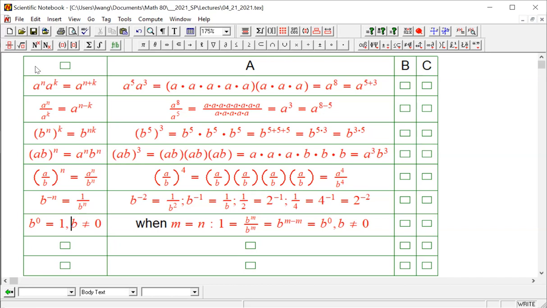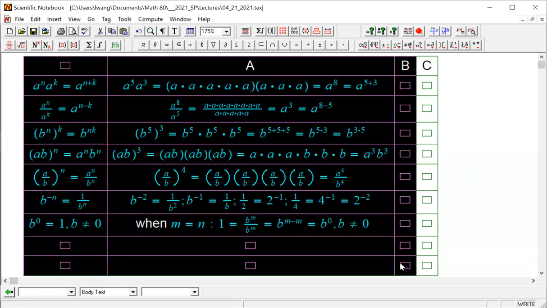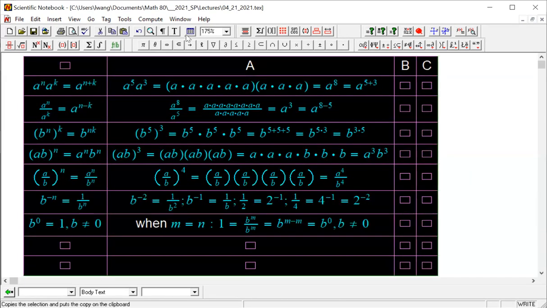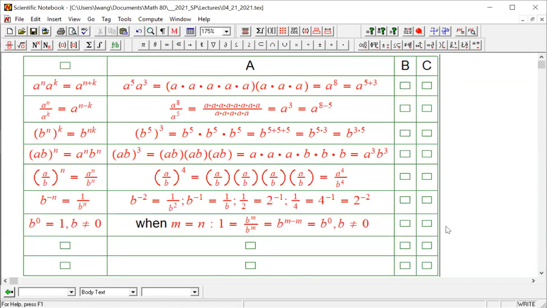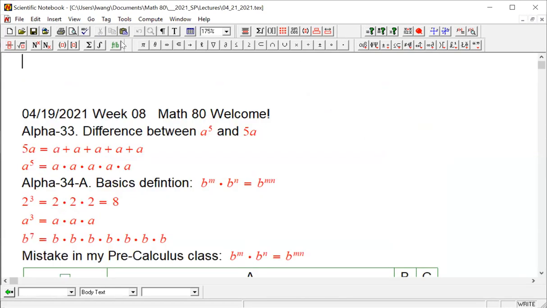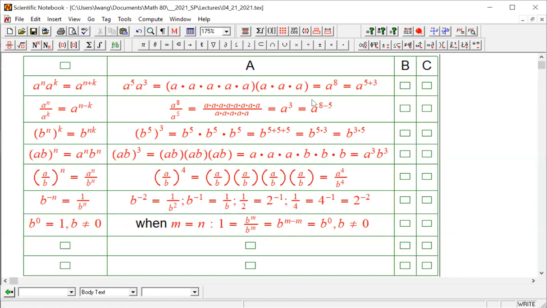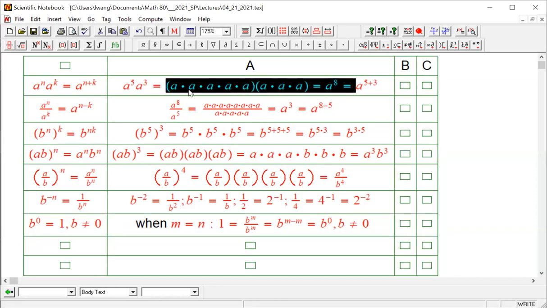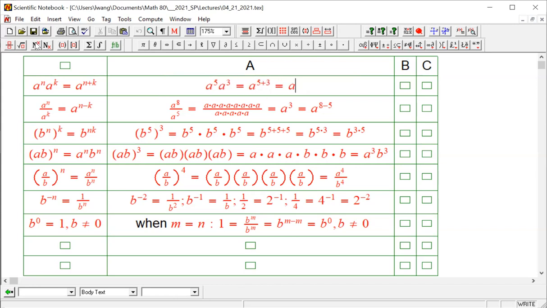What I'm going to do is make this table a little more condensed. For example, let's review this part. This is equal to a to the power of 8, so we keep that.